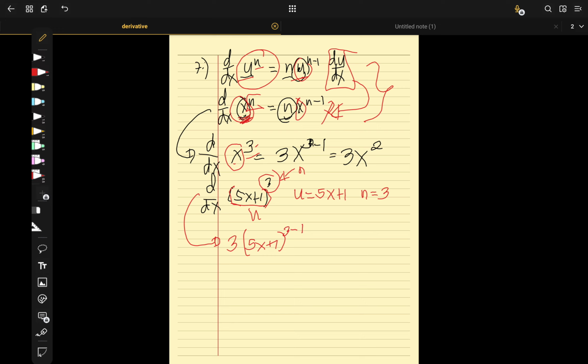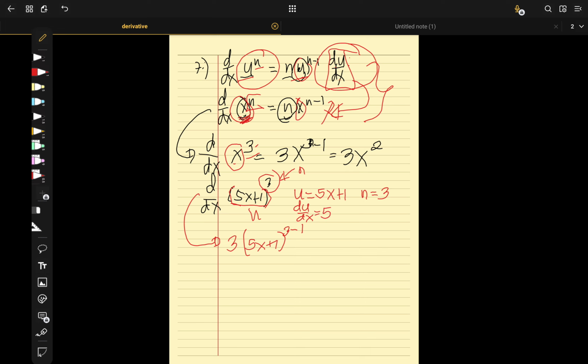Derivative ng u with respect to x. If you will notice, this is your u, at kailangan pa natin isolve yung derivative nito with respect to x. So, anong derivative ni 5x? 5. Derivative ni 1, 0. So, therefore, the derivative of u with respect to x is simply 5.